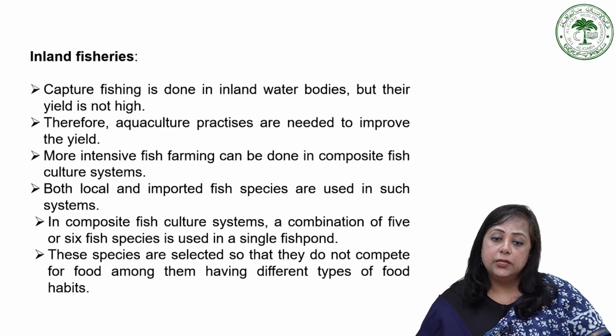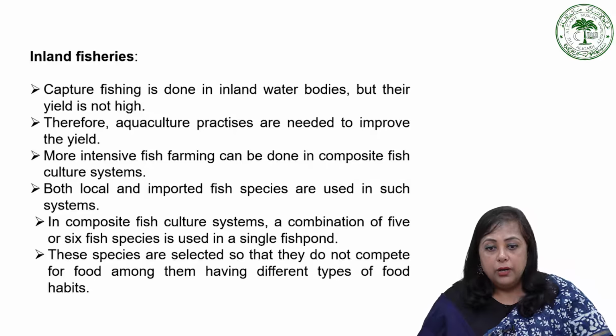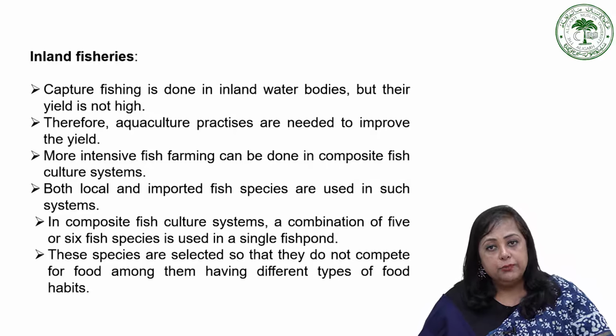These species are selected so that they do not compete for food among themselves, having different food habits. So 5 or 6 species are selected for the combination pool farming.